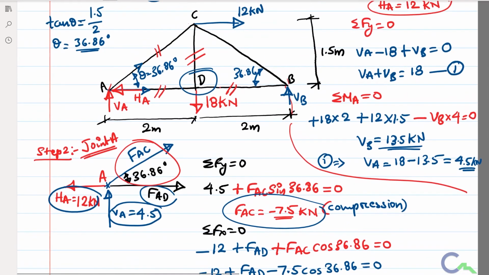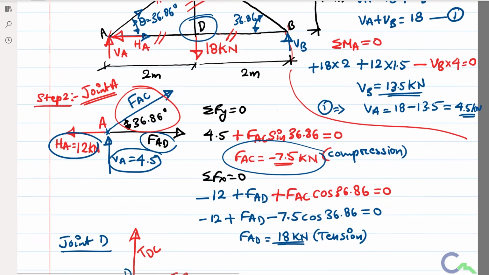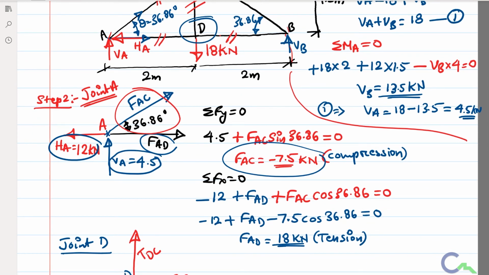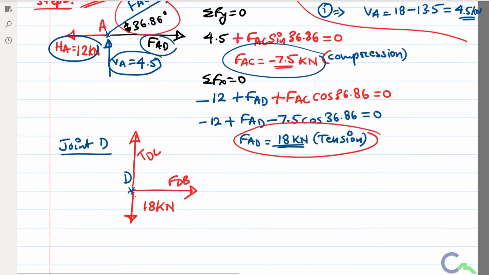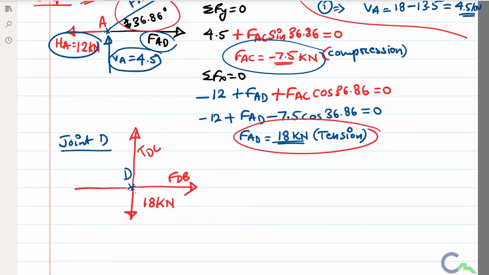Then FAD, I already considered that force in the previous step. I got FAD as a tension, therefore here also I am going to take FAD as tension. Tension means it is moving away from the point. Now I am going to apply the equilibrium condition, that is summation of horizontal forces is equal to 0.